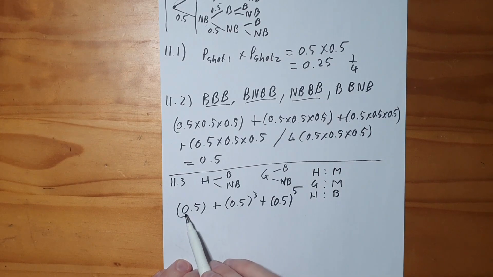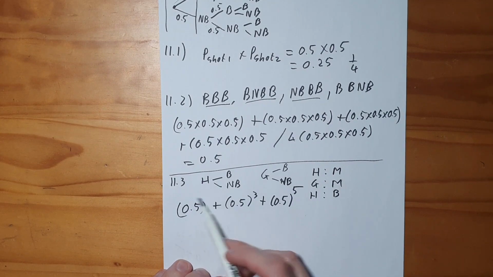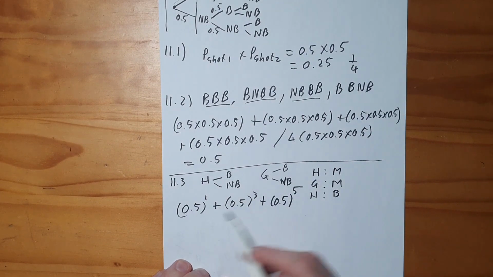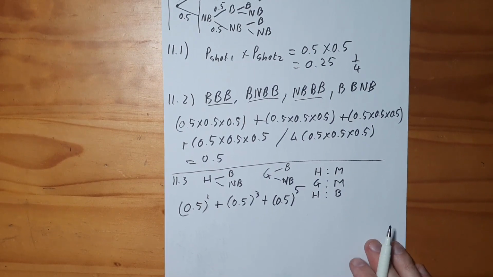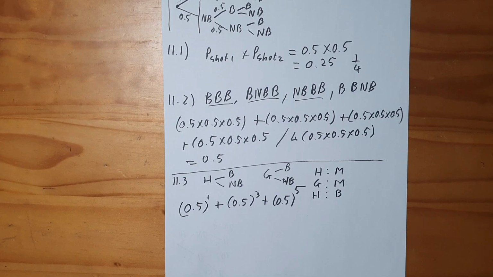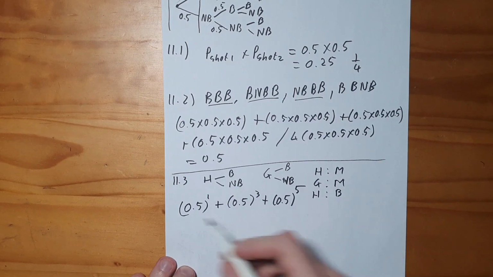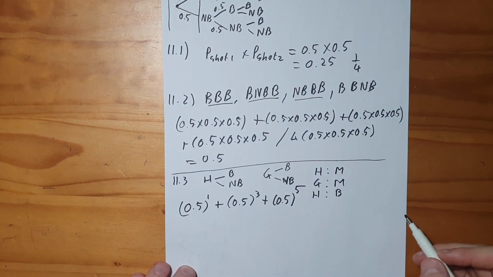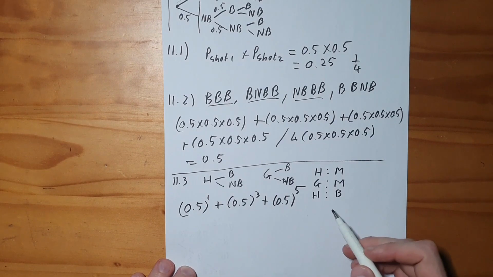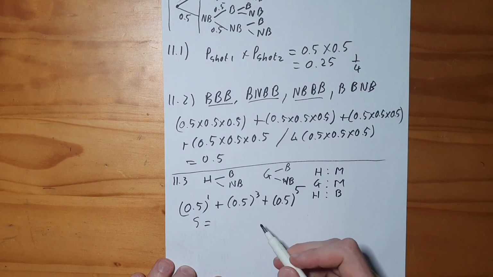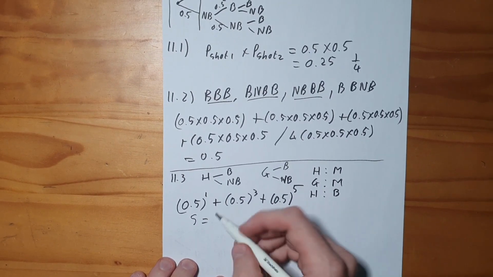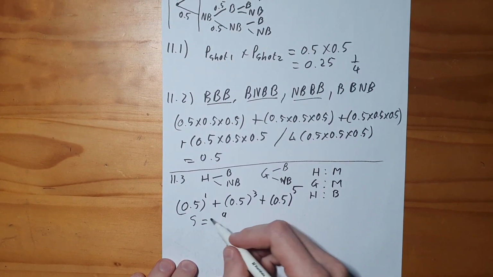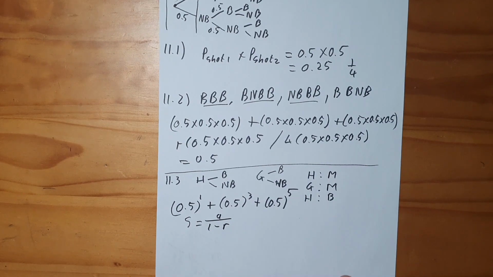So we can see here that we're dealing with a series. We have 0.5 to the power of 1, then 0.5 to the power of 3, 0.5 to the power of 5. So we're dealing with a geometric series over here. And we know that if this goes on forever, we can take the sum to infinity. So we know that S equals the first term all over 1 minus the ratio.